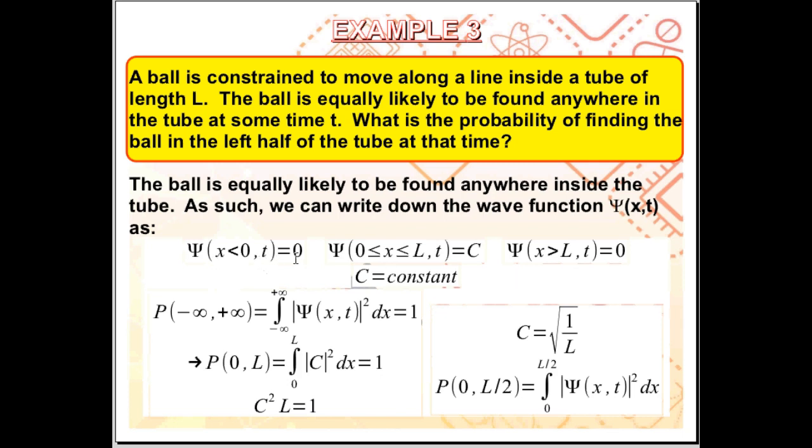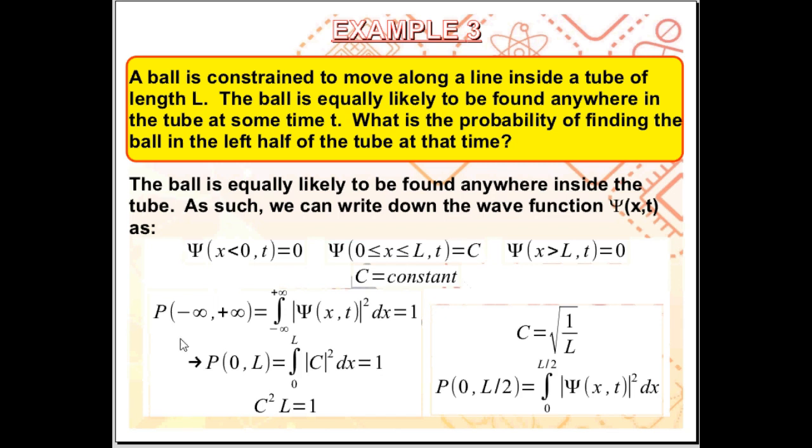Psi of x,t is 0 for x less than 0, and for x greater than L, the wave function is also 0. We are only able to find the ball inside the tube, so the wave function of the ball from 0 to L is constant, meaning equally likely to be found anywhere in the tube.